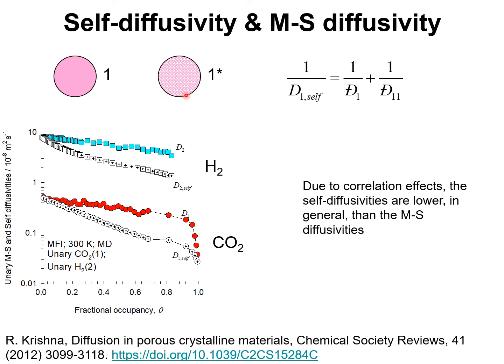And if we consider diffusion in this binary mixture 1 and 1 star, the diffusivity one measures is normally called the self-diffusivity. The Maxwell Stefan equations allow you to interrelate the self-diffusivity with the Maxwell Stefan diffusivity.